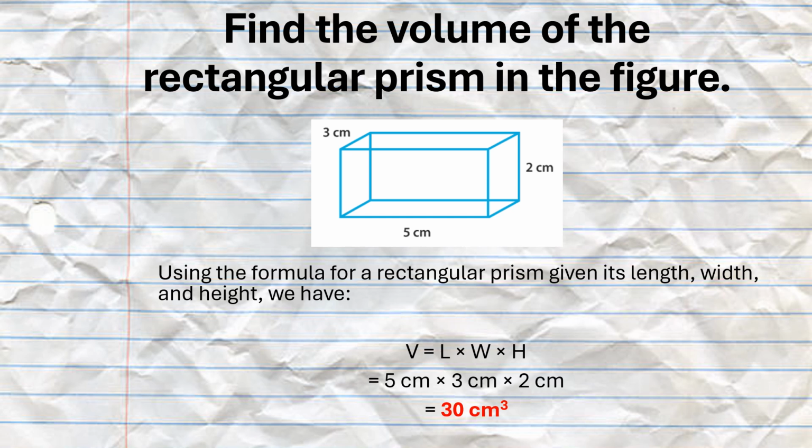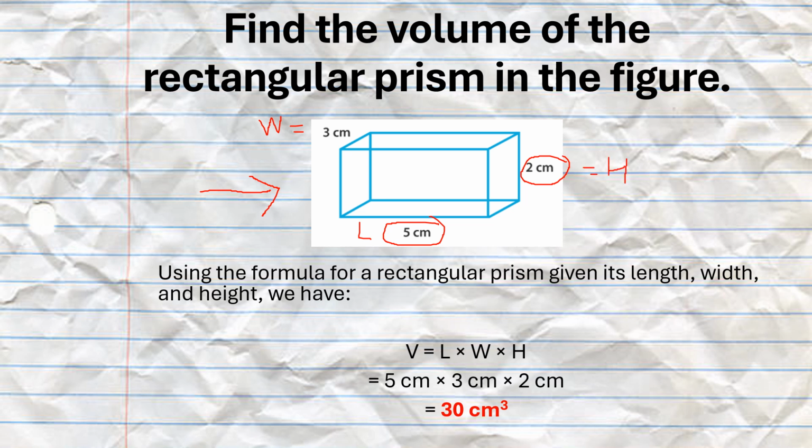Let us find the volume of this rectangular prism in the given measurement. We have the length, which is 5 centimeters, our width, which is 3 centimeters, and our height, which is 2 centimeters.